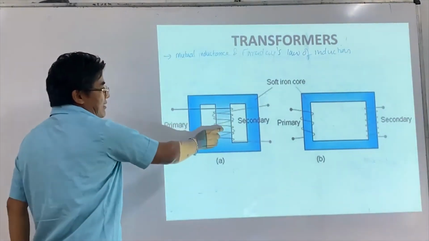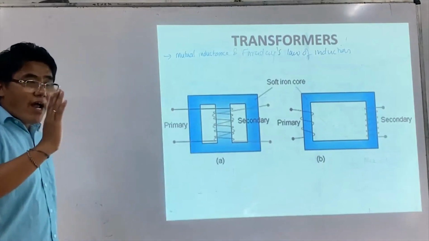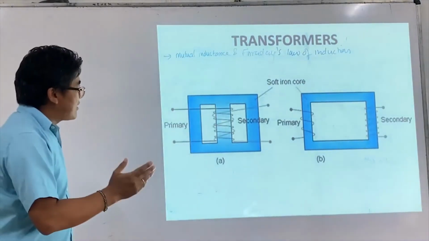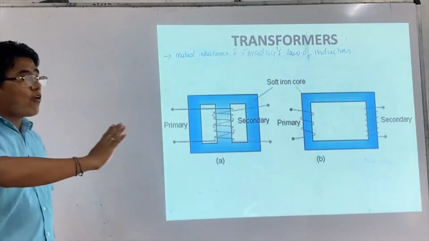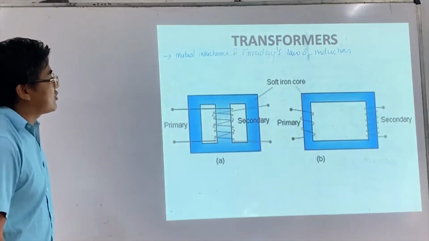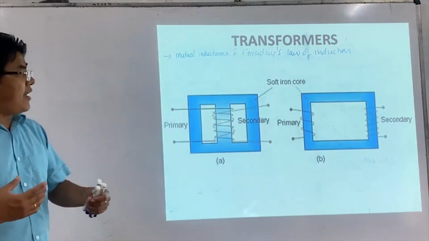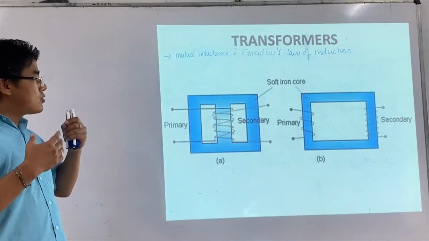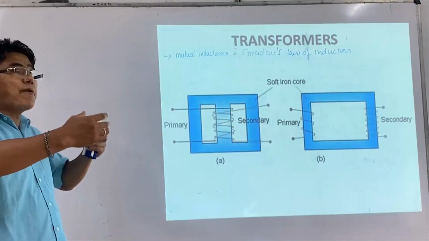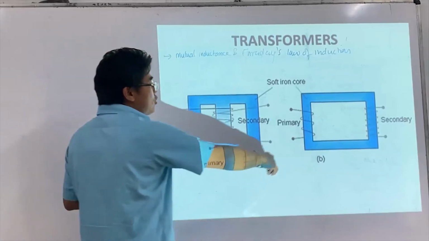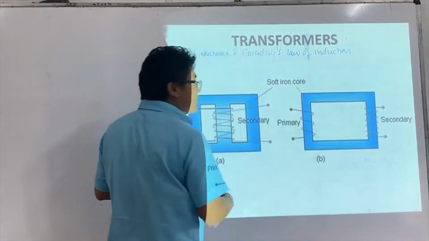Another construction is that you put the coils on two separate limbs. So this is the construction.